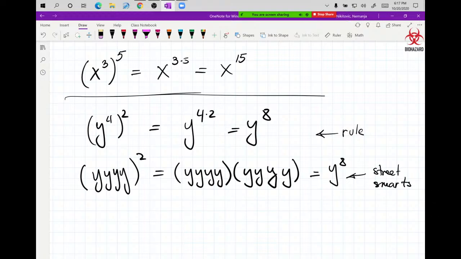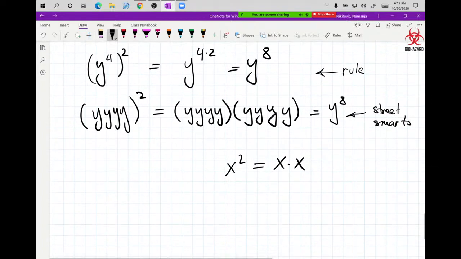Again, when I have y to the 4, that's writing 4 y's multiplying each other. And then we still have this exponent, so we'll copy that. And then we know what the exponent of 2 does. If you have x squared, that means it's x times x. If you have a heart squared, that's just heart times another heart.